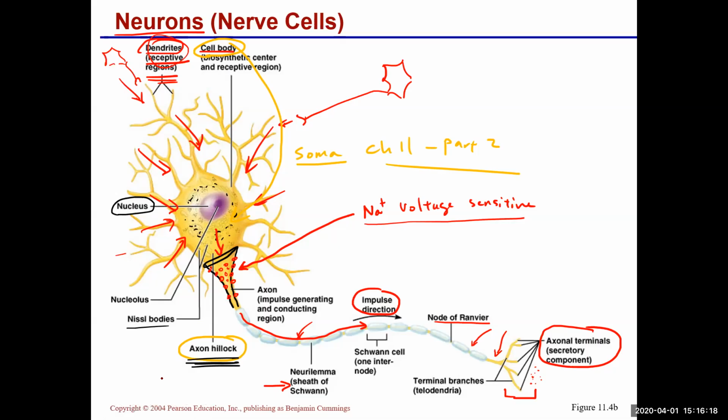Well, I think you can recall that on the axonal terminal, you can pause the video and see if you can recall what type of voltage sensitive channel we had in there. We discussed it in the neuromuscular junction.